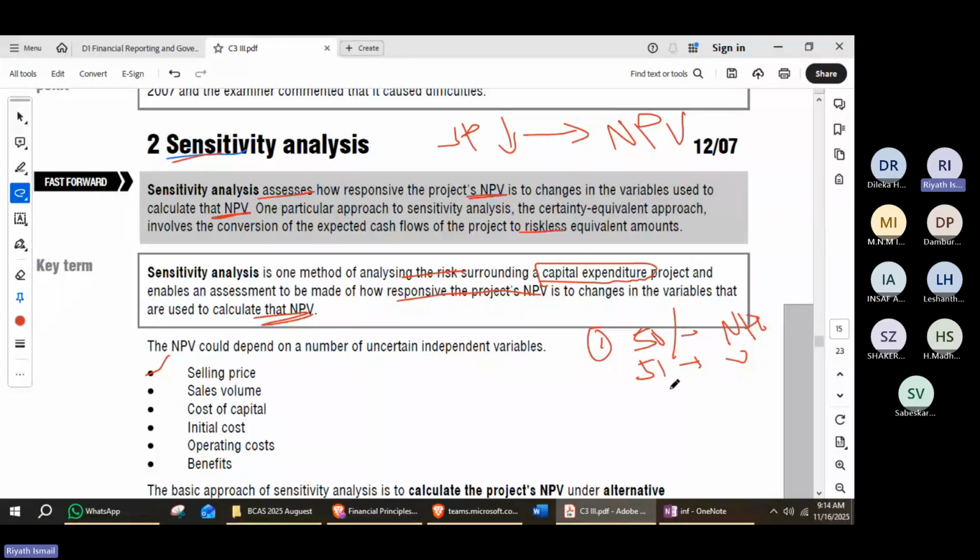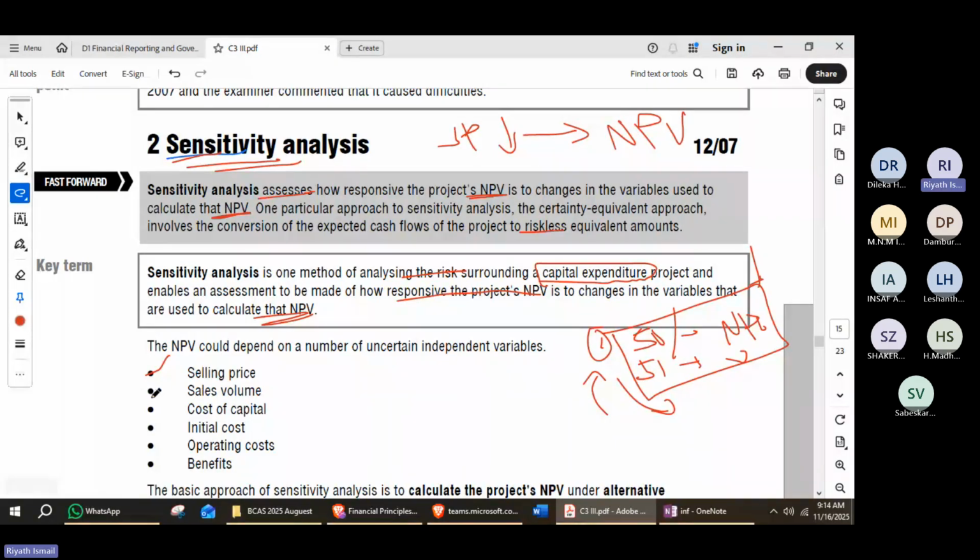We can do this kind of calculation, but in a practical scenario it takes a lot of time, unwanted work. Therefore, they introduced sensitivity analysis. So we can assess, when selling price increases by 1%, what will happen to the NPV. That is the kind of approach we are discussing here.